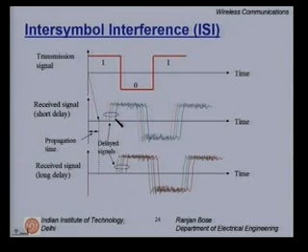Please note, for the sake of drawing alone, we have shown it as overlapping here, with no mention of the phases. Each of these will have a different phase at the time of arrival. What you receive, by the superposition theorem, you add them up vectorially and you get completely different energy than what you sent.